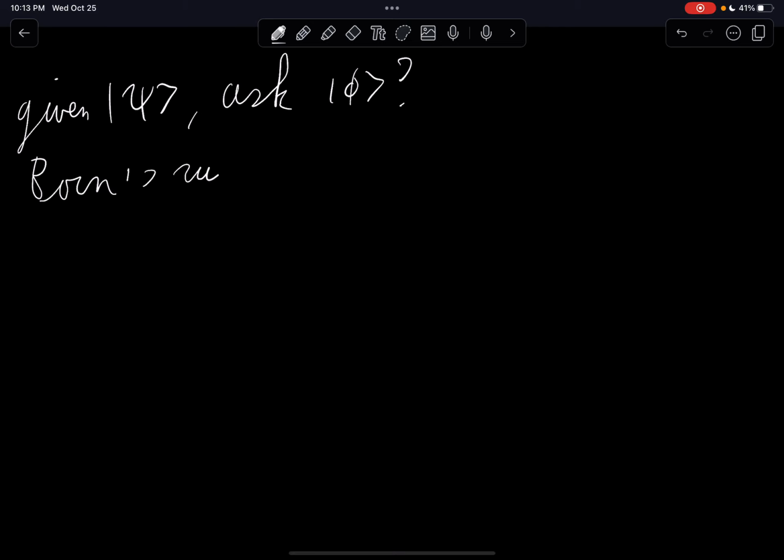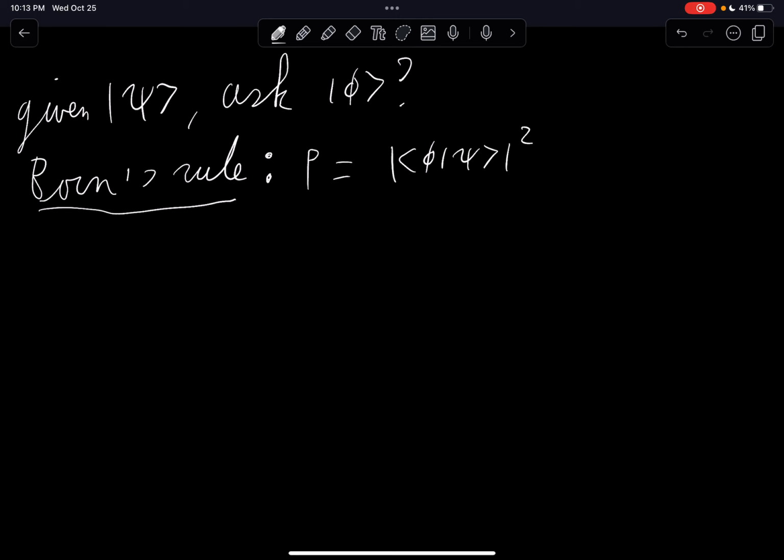Born's rule is basically a description of what the probability is that we'll get a yes outcome to the above question. And this probability is given by this inner product, the inner product absolute value squared.